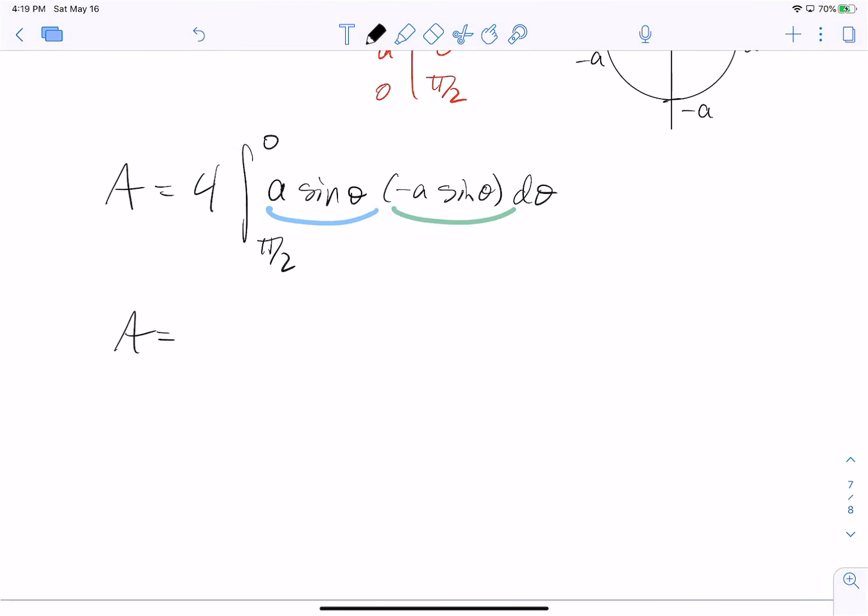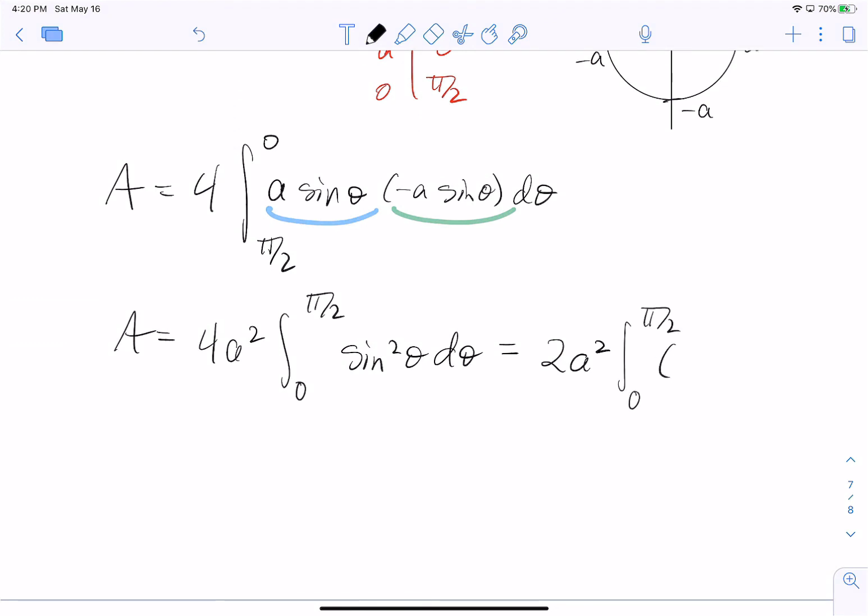Doing what we did before, we have area is equal to 4a squared times the integral from 0 to pi over 2 of the sine squared of theta d theta. Power reducing formula is going to give us 2a squared times the integral from 0 to pi over 2 of 1 minus the cosine of 2 theta d theta.